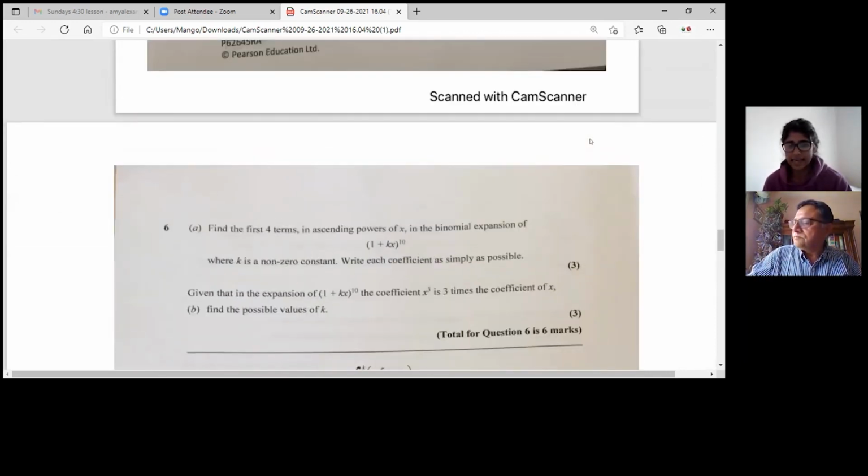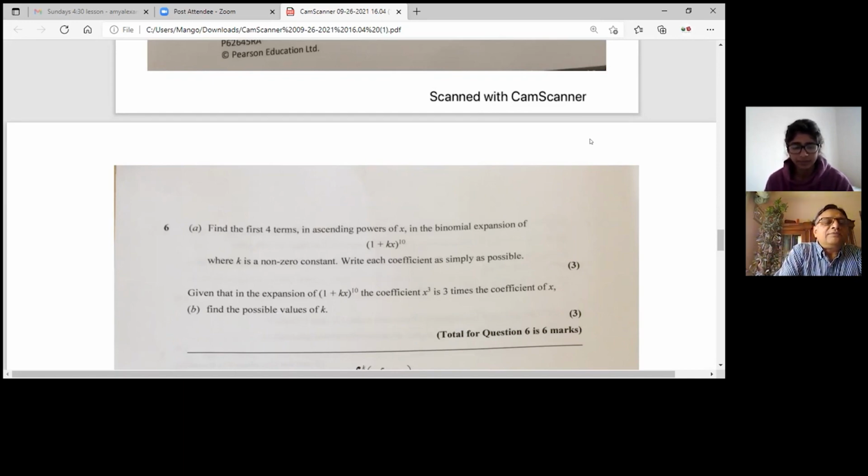Part 6A. Actually, B is the issue, but we won't go through it, I guess. Please read the question. Okay, so find the first four terms in ascending powers of x in the binomial expansion of (1 + kx) to the power of 10, where k is a non-zero constant. Write each coefficient as simply as possible. Correct. So that means this is an example of binomial theorem, right?